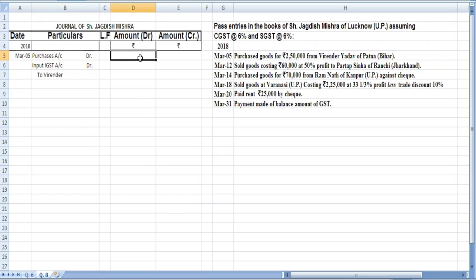So here purchase is 2,50,000 and 6% and 6%, 12% of 2,50,000 will be 30,000, and so here we have 2,80,000.